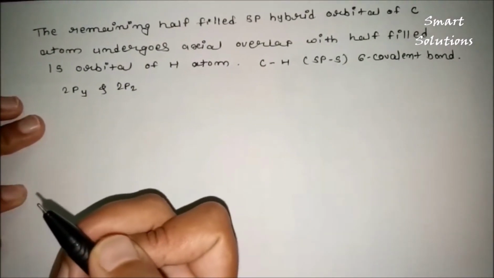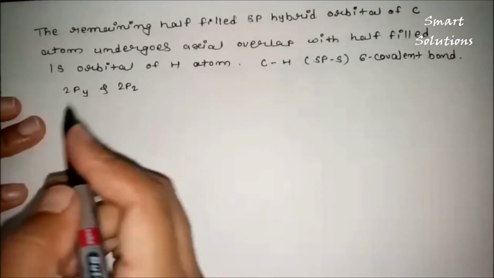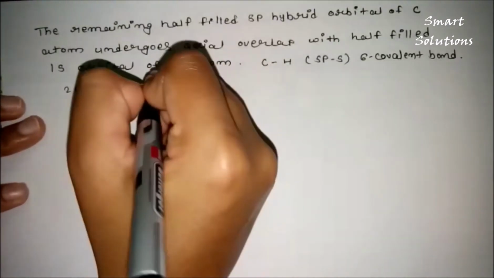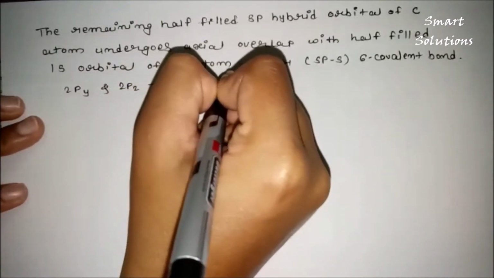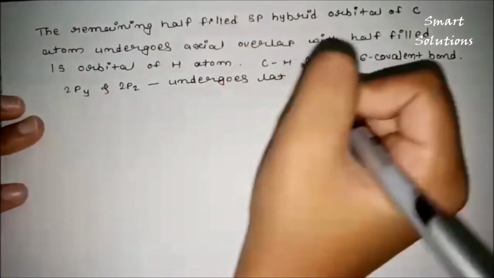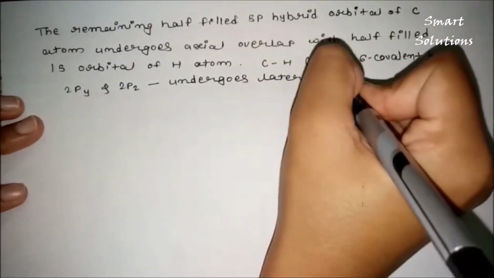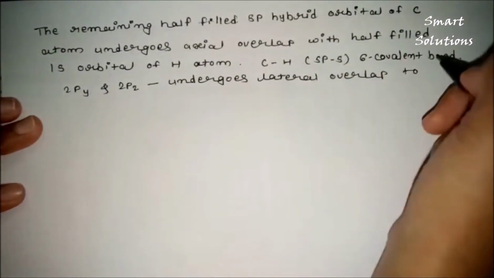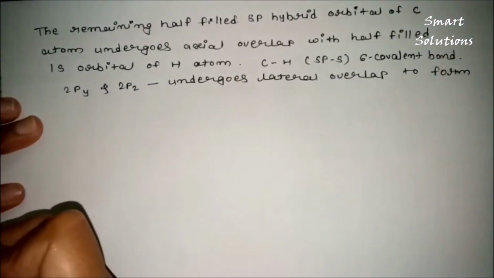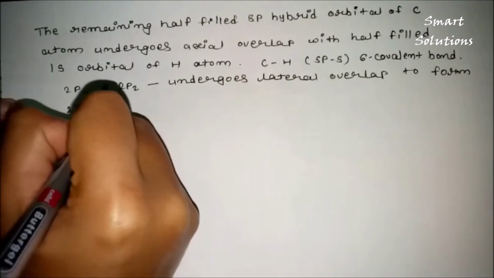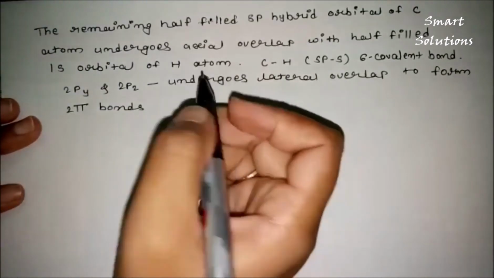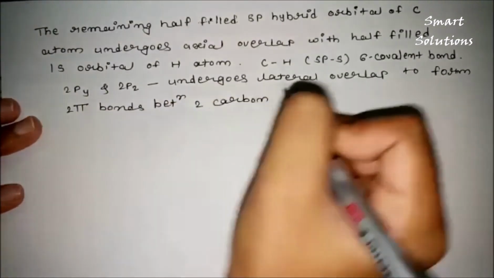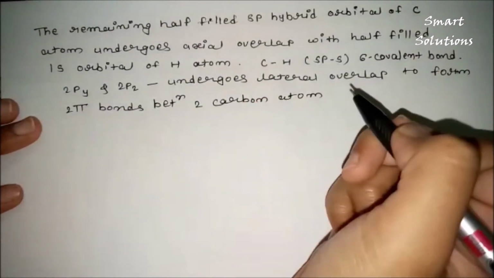The unhybridized 2py and 2pz orbitals of each carbon atom undergo lateral overlap to form 2 pi bonds between the two carbon atoms.